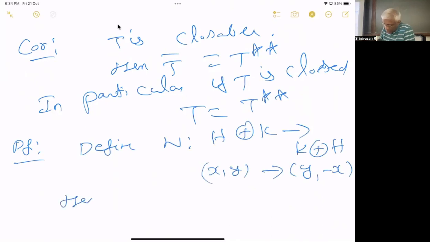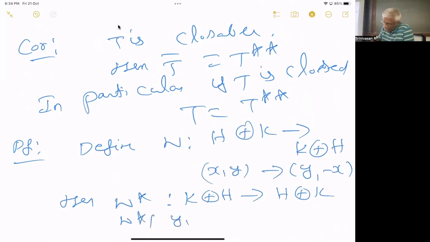Then W star, which is just the inverse of this unitary, is from K direct sum H to H direct sum K, given by W star of (Y, X) equal to (-X, Y). These two are inverses of each other. If you just work it out, it's clear. So these are all unitaries. It just flips, so it preserves the inner product, and then changes a minus sign. So it's all unitary.